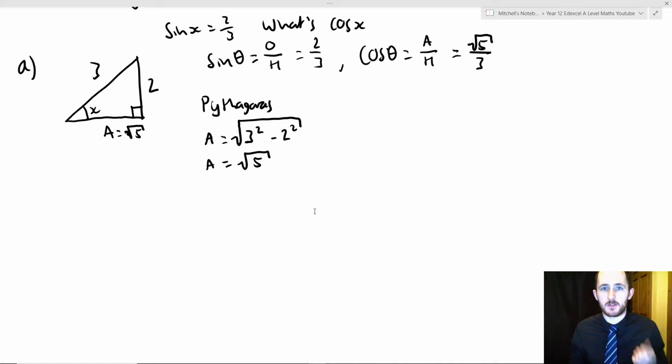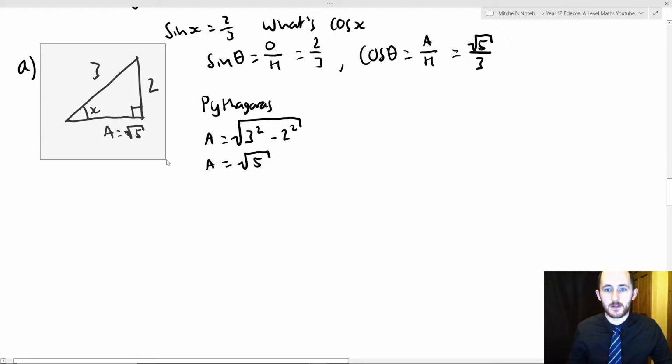These are all really good questions, by the way. It's good you're asking this, because this is a brand new skill for A-level. It can be a bit tricky. So in general, if anyone says sine x equals this, what is cos x? You can always write it as a right angled triangle, because sine x is always equal to opposite over hypotenuse of a right angled triangle.